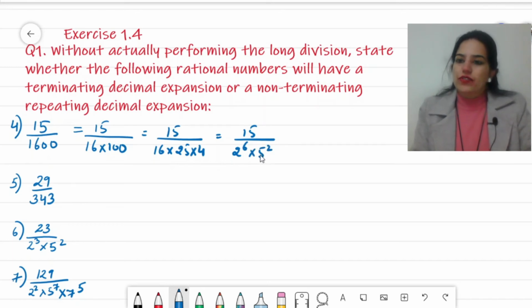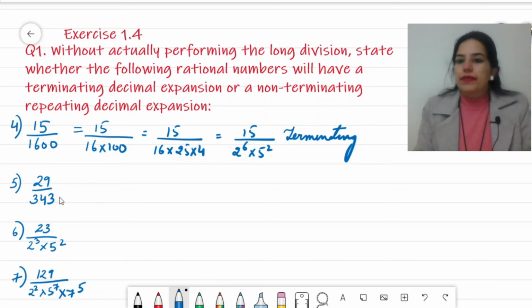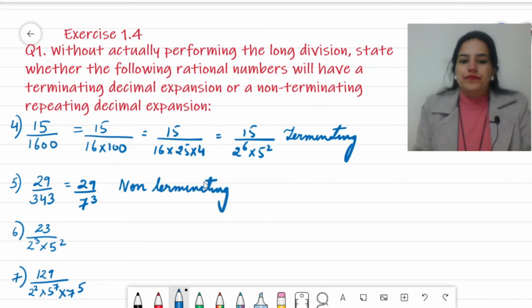Now there are only factors of 2 and 5, therefore this one will be a terminating decimal expansion. Then 29 by 343, we know 343 is 7 cube. So it will be a non-terminating repeating decimal expansion.